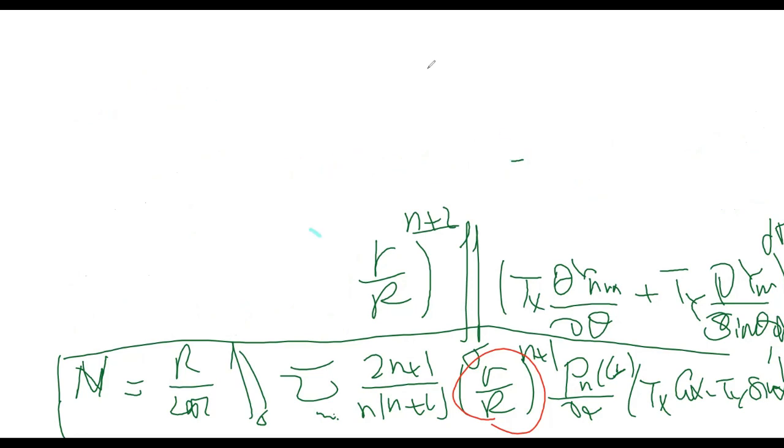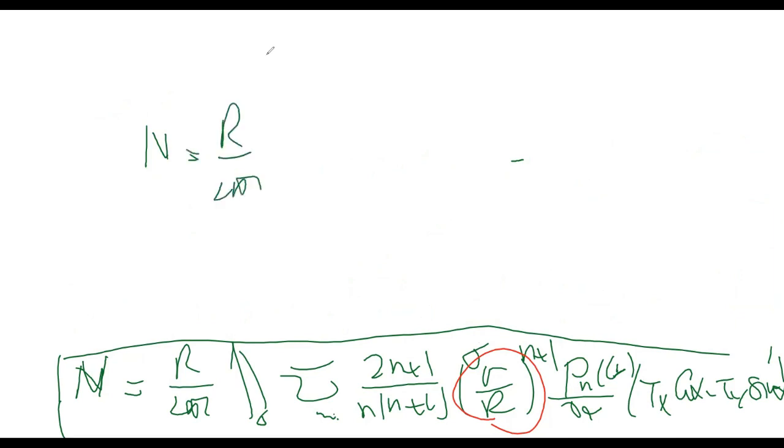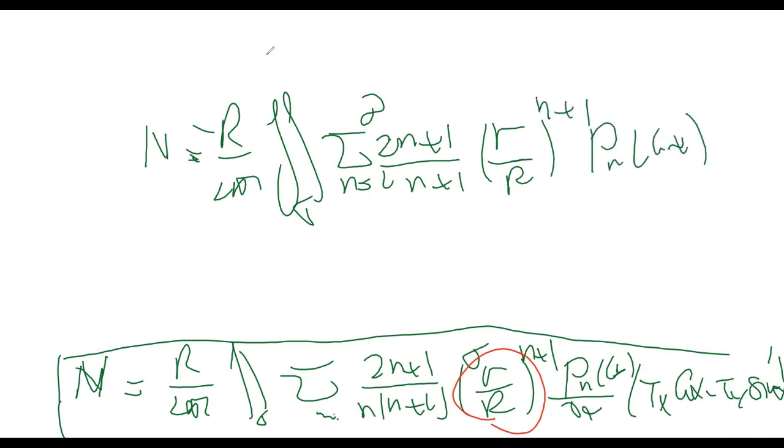The other integral solution for airborne gravimetry for Tz will be something like that: N equals R over 4 pi, the integral over sigma of (1 minus alpha) 2n plus 1 divided by n plus 1, over R n plus 1, Pn cosine multiplied by Tz d sigma.